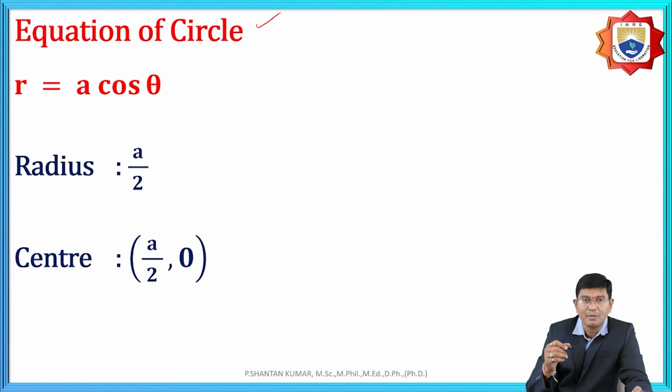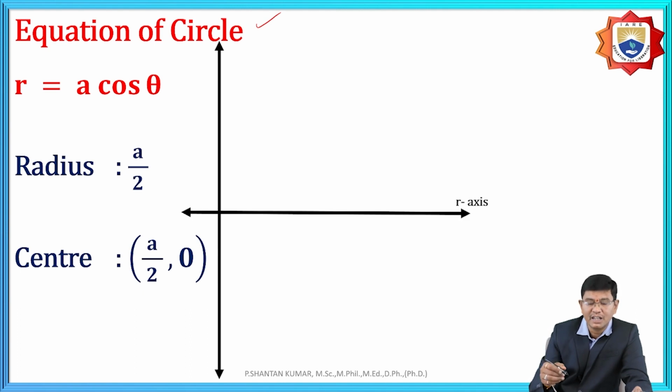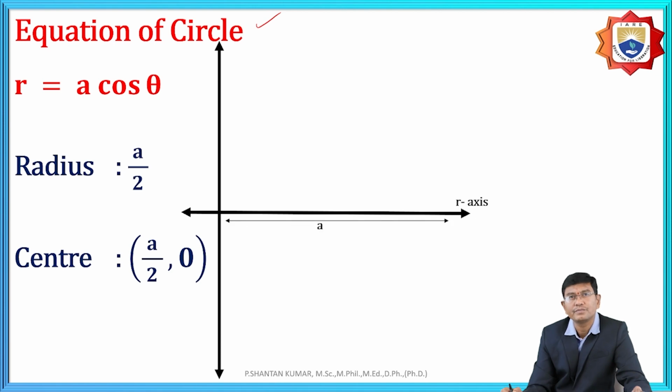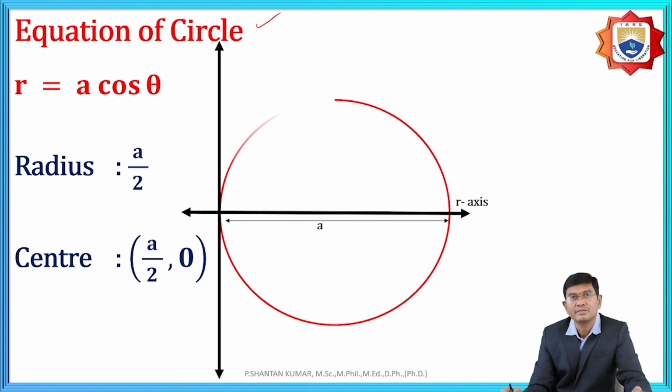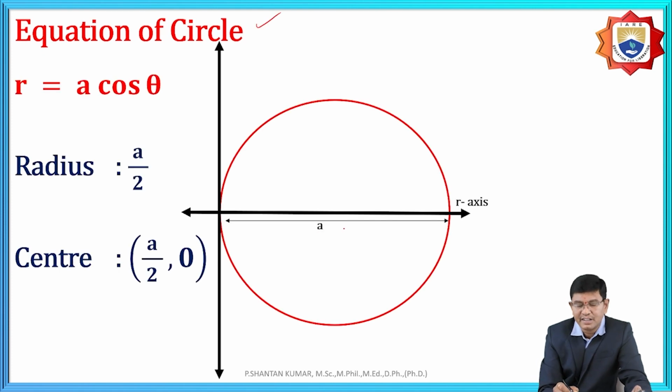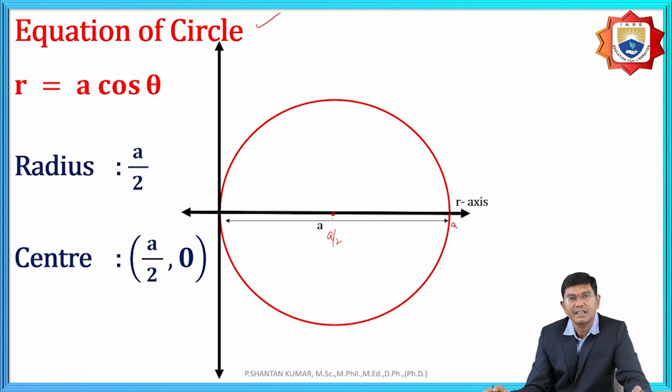If we draw the diagram with the help of r is equal to a into cos theta, the diagram should be like this, with a by 2 as the center. The x coordinate is a by 2, because it goes from here to here, a. That means the center is a by 2 comma 0.